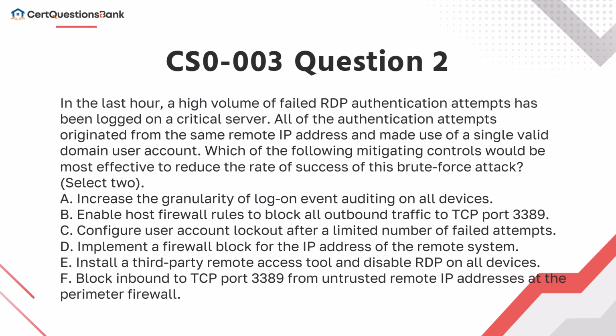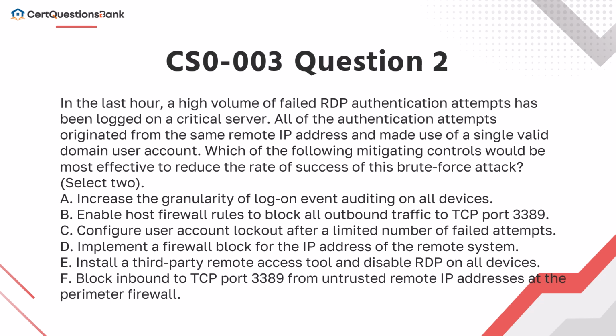A. Increase the granularity of logon event auditing on all devices. B. Enable host firewall rules to block all outbound traffic to TCP port 3389. C. Configure user account lockout after a limited number of failed attempts.